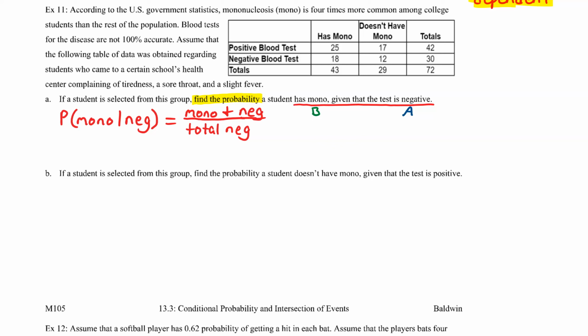So we start with the denominator, how many tested negative. So if we look, we can see there were 30 students altogether that tested negative for mono.